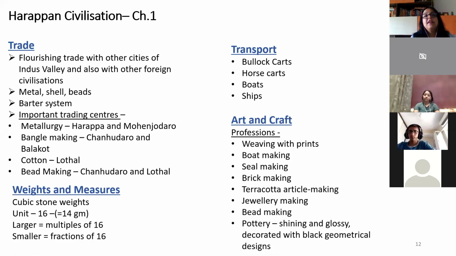Beads, children, again, bead making was a very important occupation, and it was a very highly developed craft. The Indus people used to make beautiful beads. Making beads was not so easy in those days, because everything was done by hand. Nowadays we have machines, but in those days everything you had to make by hand. What they used to do is choose colored stones, red stones, blue stones, green stones, small stones. Now, we all know the stones will not be round in shape.